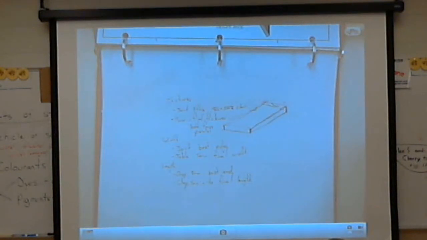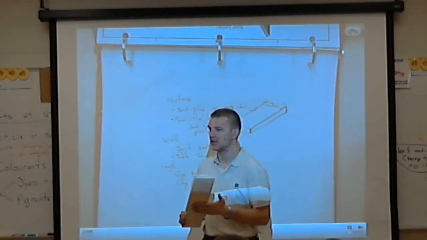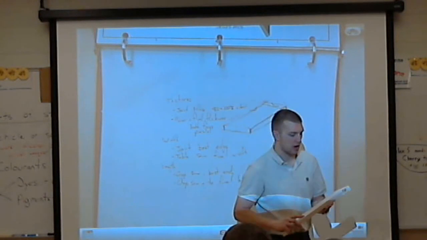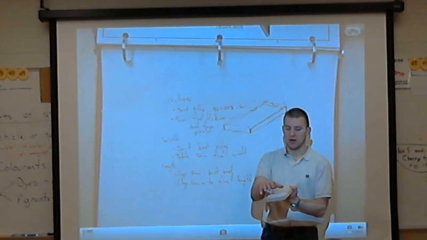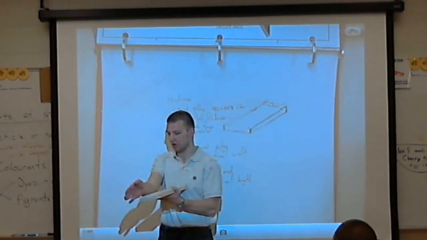All right, last quick thing I want to go over: on the quiz you'll have a picture of some warps, and you'll need to be able to identify them. So if I had a warp that was like this, what was that? A cup, right?